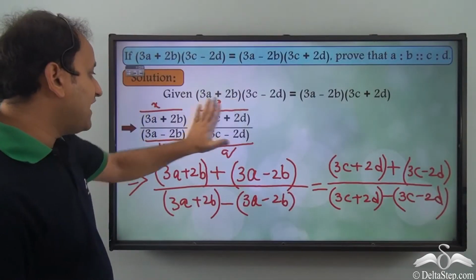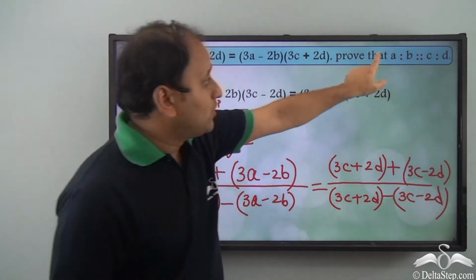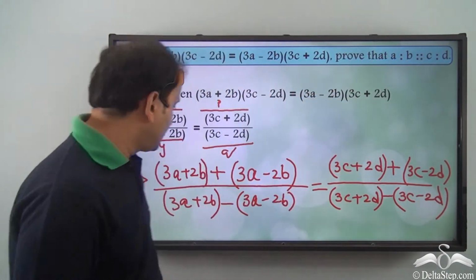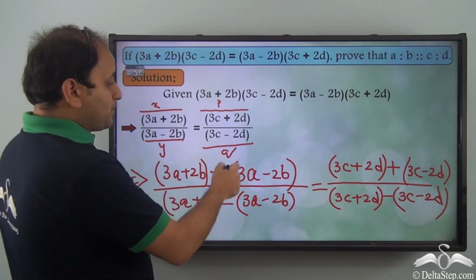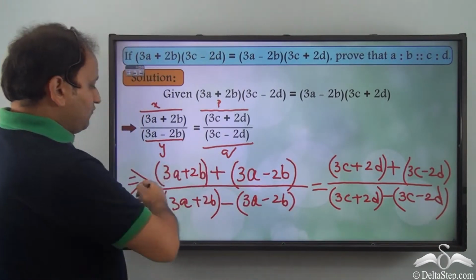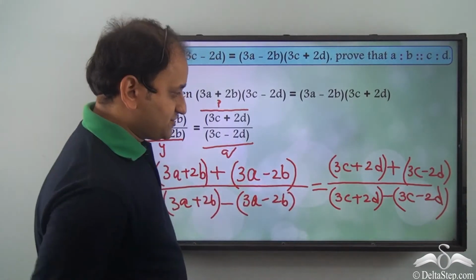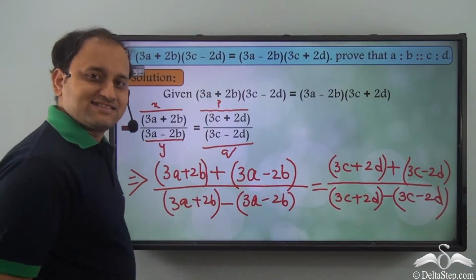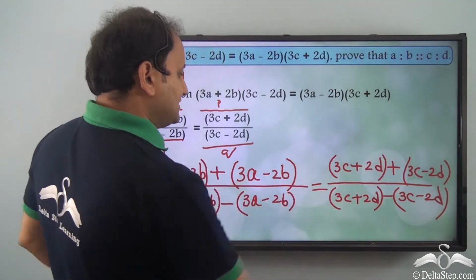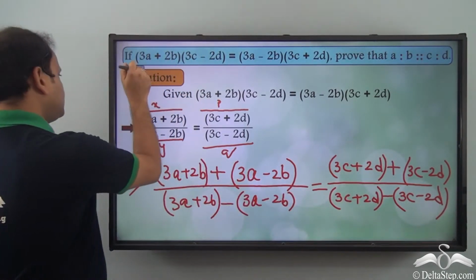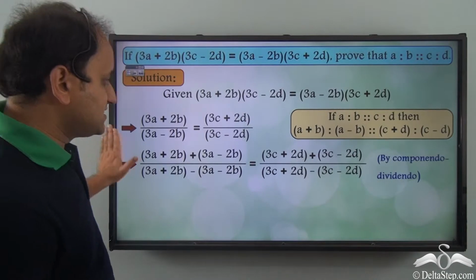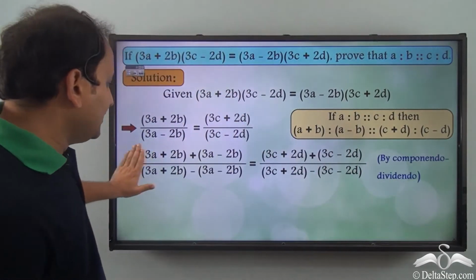Because we need to simplify this, and finally we need only a, b, c and d. Once we apply componendo dividendo, we perform lots of additions and subtractions, and so a lot of terms will get cancelled out. So we have this entire thing now. This we get from componendo dividendo.